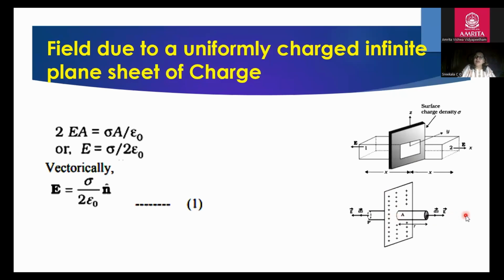It will go in this direction, and also out of this plane, in both the directions. So the area will be A on this side, and on the left side also one more A is there.